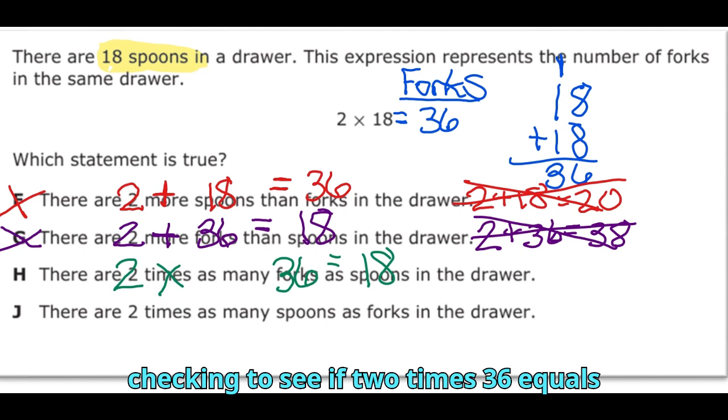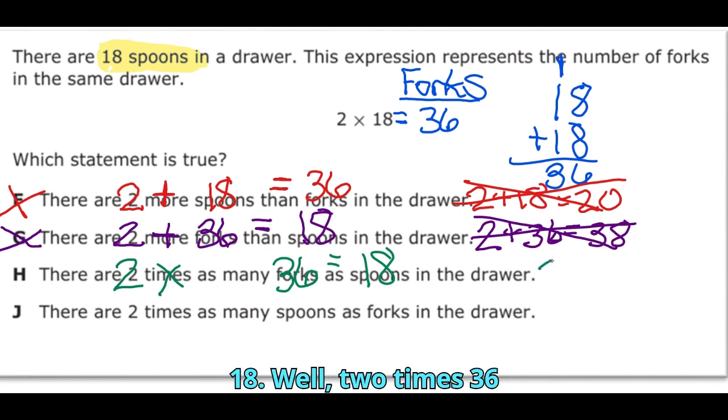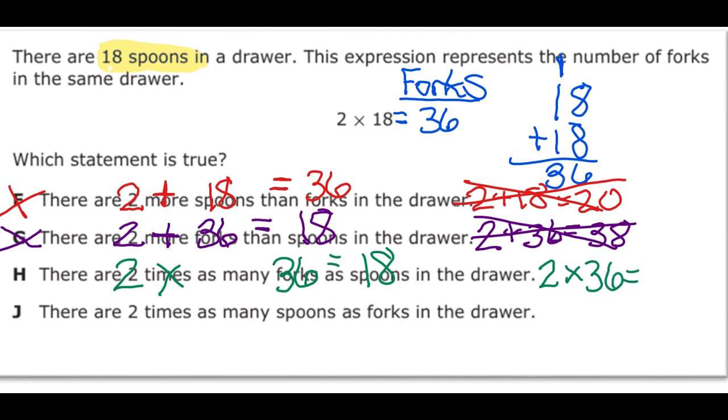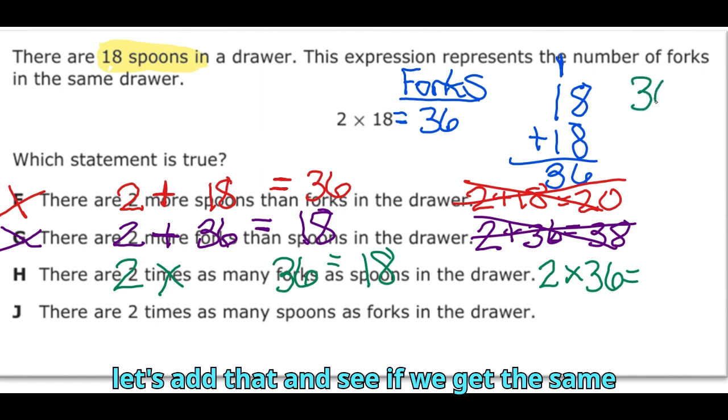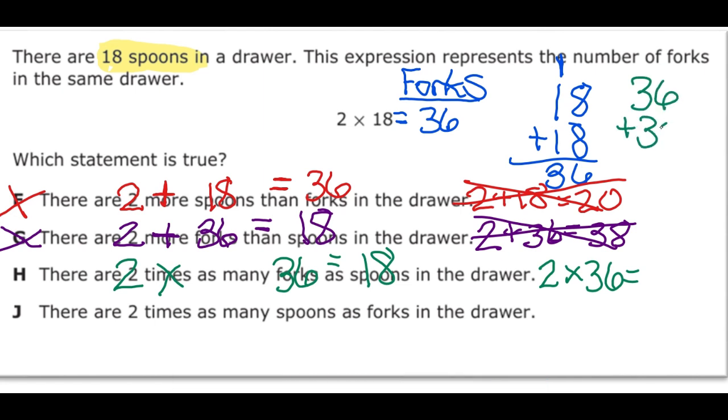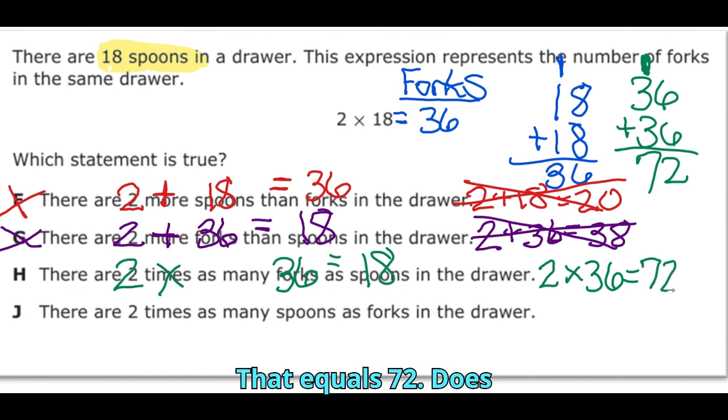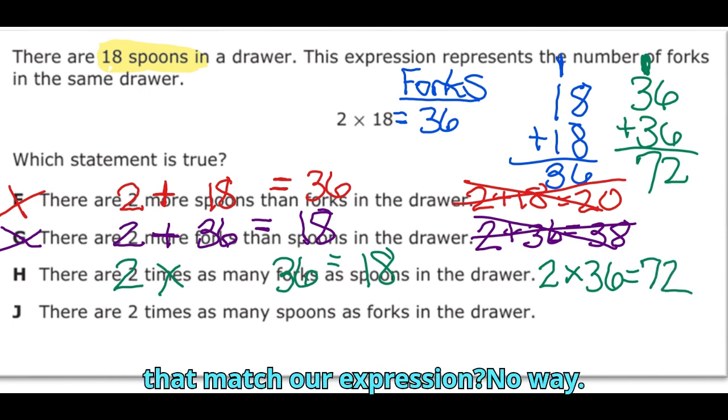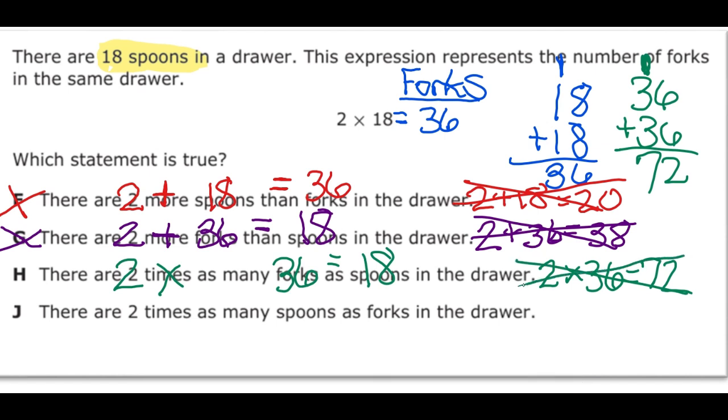So we're checking to see if 2 times 36 equals 18. Well, 2 times 36 is like 36 2 times. So let's add that and see if we get the same amount. 6 plus 6 is 12. 1 plus 3 is 4 plus 3 is 7. That equals 72. Does that match our expression? No way. So H does not represent this scenario.